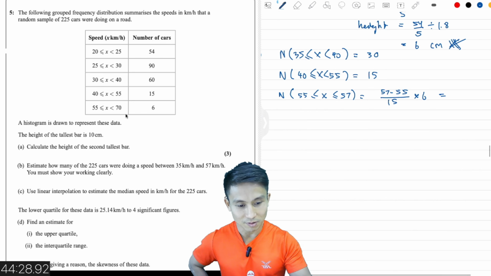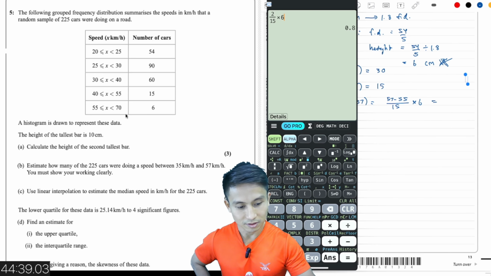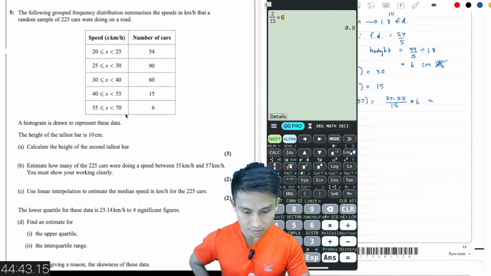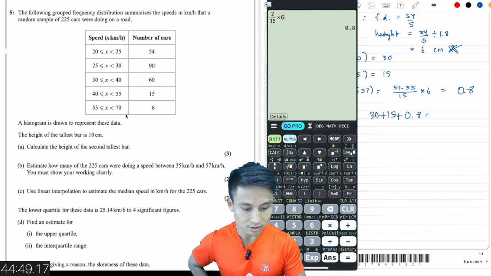And if we add them up, right? So 2 divided by 15 times 6, yeah, that's 0.8. So we're just going to do 30 plus 15 plus 0.8, which is 45.8, right?